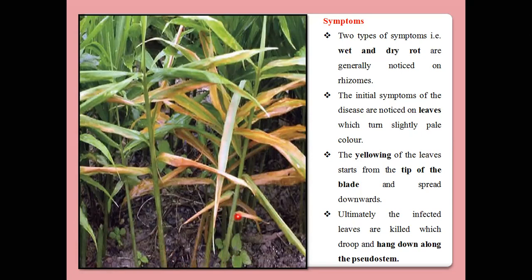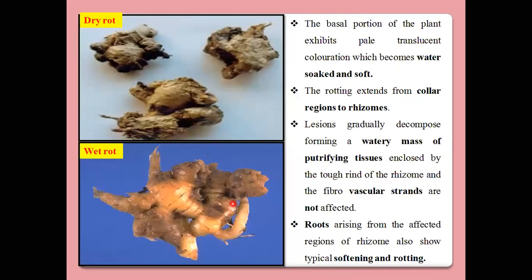Initially, these pathogens develop symptoms on the basal side of the stems, at the collar portion, where brownish lesions are seen. These brownish lesions spread in upward as well as downward directions.